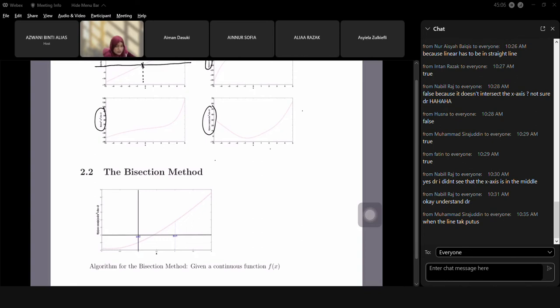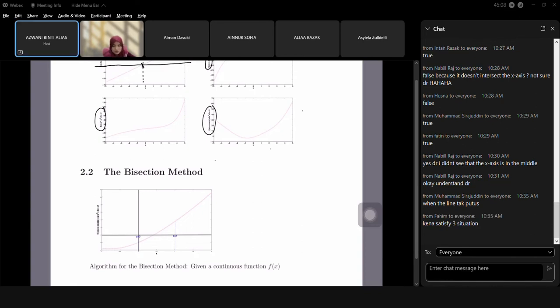Continuous function ni, ya, Sirajuddin, betul. When the line tak putus, betul? So it means that nak mudah kita ambil pen kita plot the graph function tersebut tanpa mengangkat pen kita. Dia tak ada lubang, dia tak ada step.